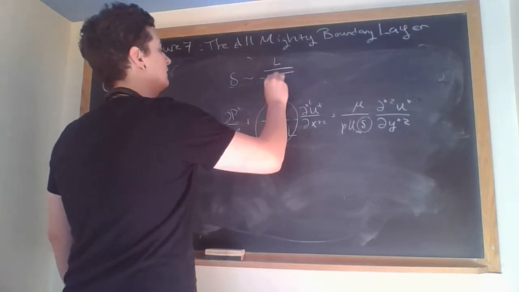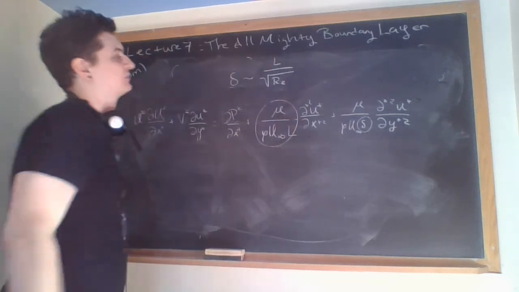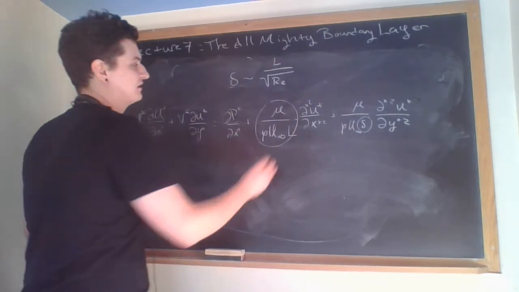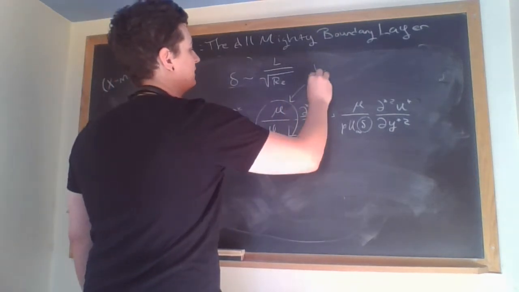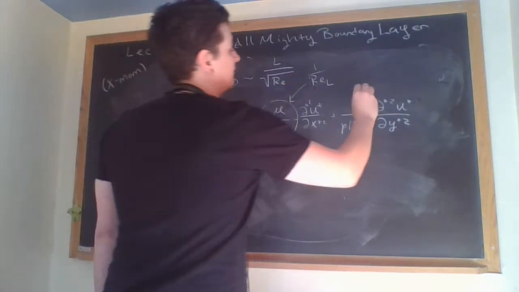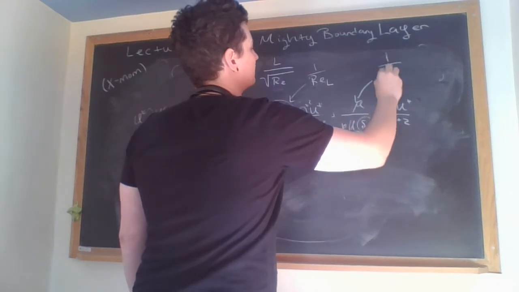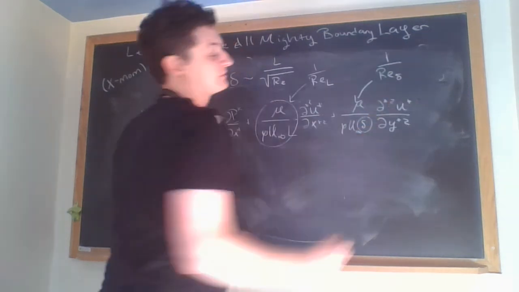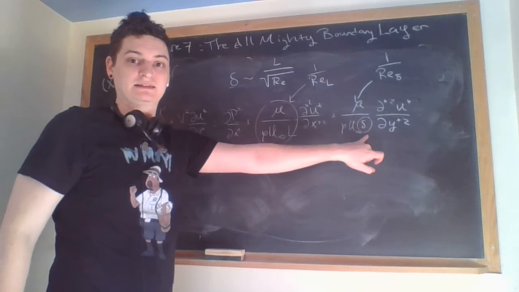And that's important because right here you see that this is 1 over a Reynolds number with respect to the L coordinate. And this is 1 over a Reynolds number with respect to the boundary layer distance.